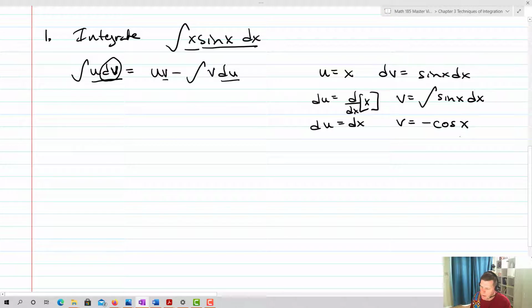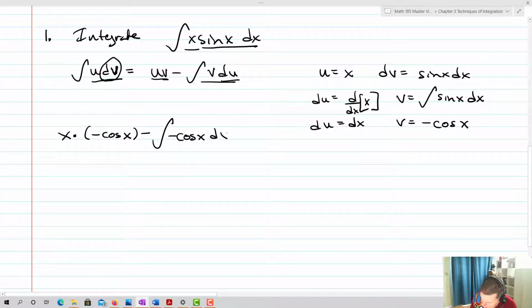Okay? So we now have, taking from u, we get du, and taking from dv, we get v, and now all we have to do is plug them back into our equation. So we end up with x times negative cosine x minus the integral of negative cosine x dx.